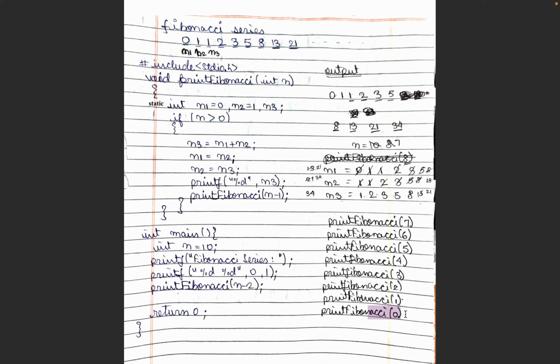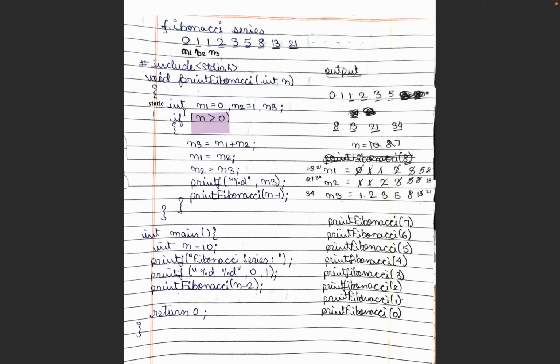Once we have reached 0, again it will check 0 is greater than 0. I'm not going deeper into this, you can follow what we have done till now. When we reach 0, n is 0. So n greater than 0 will be false.